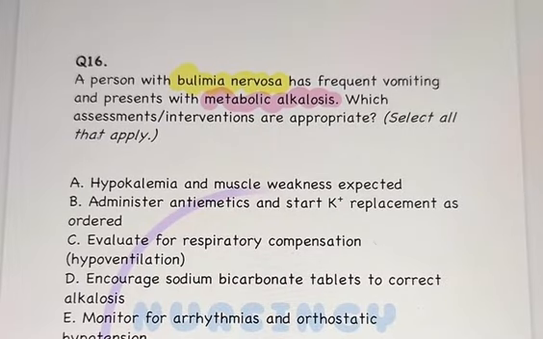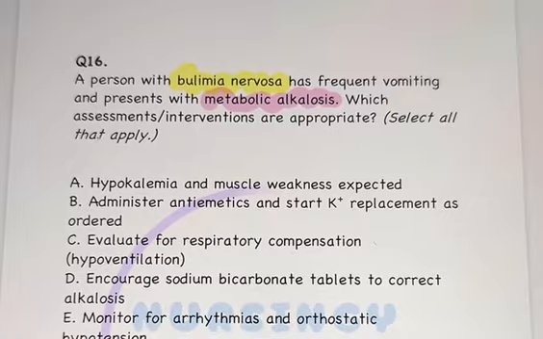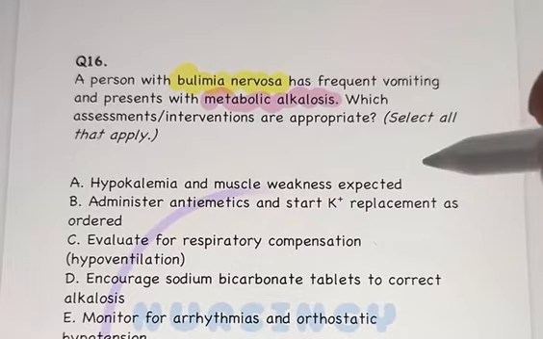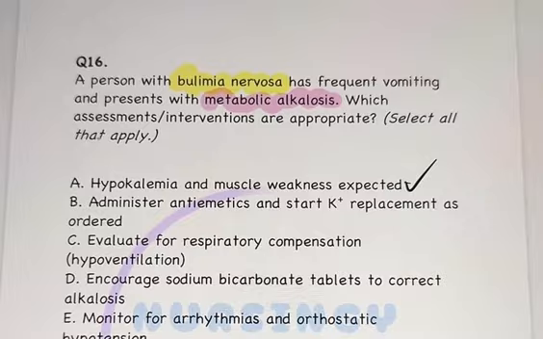What about A, guys? What about A? Yes, is A correct? Yes. So vomiting also, because we are losing potassium. Okay, so that's why it will happen. Administer antiemetic and start potassium replacement as ordered. So this is anyway gonna be correct.